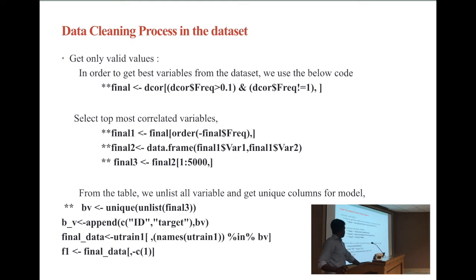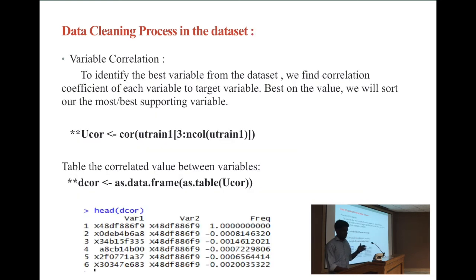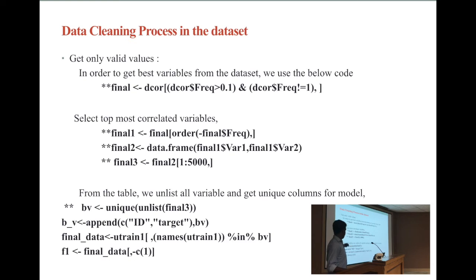Okay, after getting those variables from the final 3, I just unlist all those columns, because in my data sets I have variable 1 and variable 2, v1 and v2.